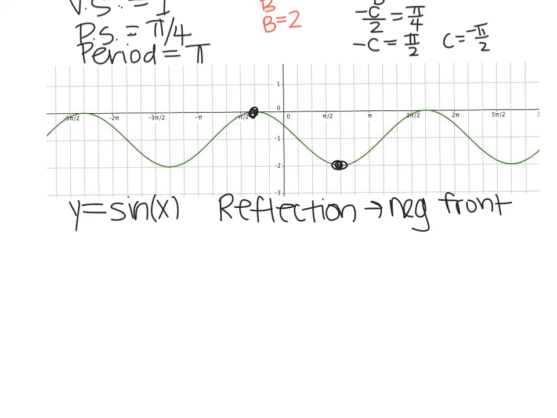Halfway between 0 and -2 is -1, which means my amplitude is 1. It also helps me determine the vertical shift. A sine function is normally between -1 and 1, so in order to be between 0 and -2, we have to move down 1. So my vertical shift is going to be -1.